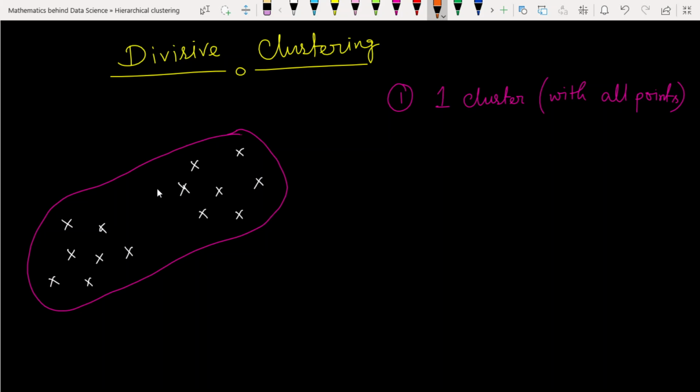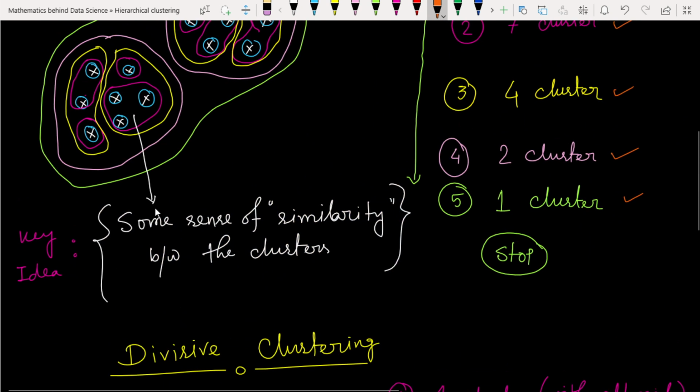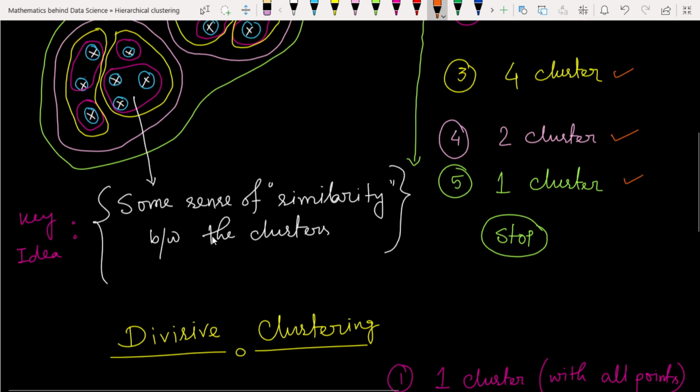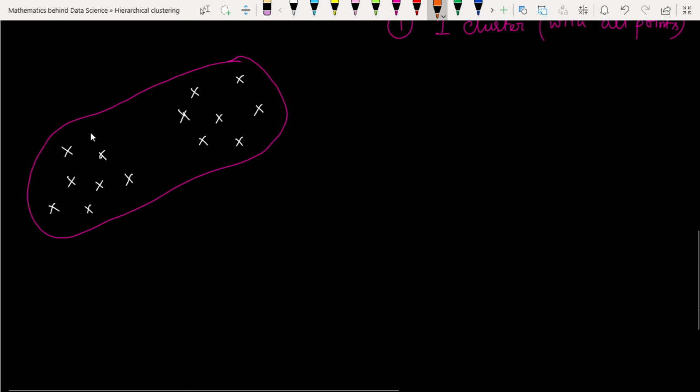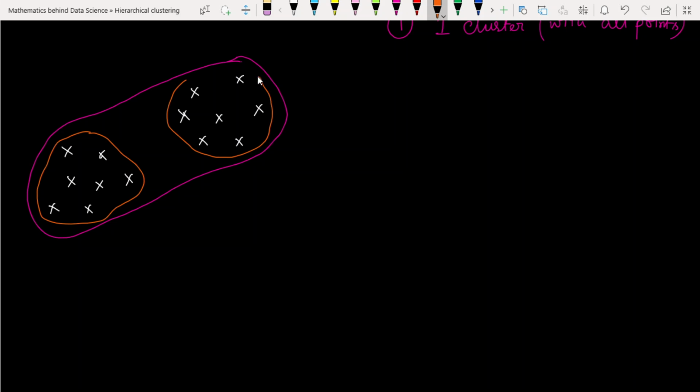How will we divide? We will divide the points based on distances. In agglomerative we merge points based on some sense of similarity, but here we will divide the whole data set based on some sense of distance. These are the two clusters.